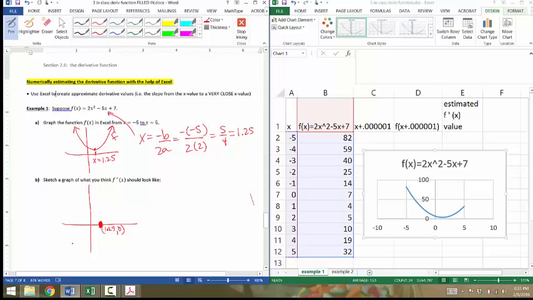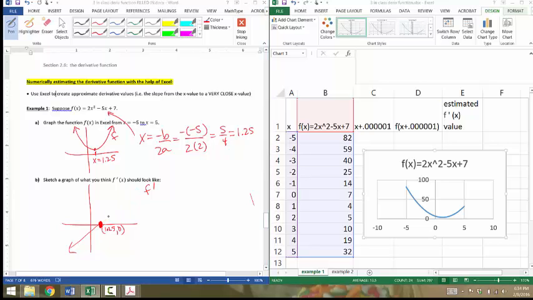That means f prime is negative. F prime is below the x-axis, but because f is concave up, we know f prime is increasing. So it's below the x-axis but increasing. Then after the vertex, f is increasing concave up, which means f prime is above the x-axis and increasing. So here is a sketch of what I think f prime should look like.